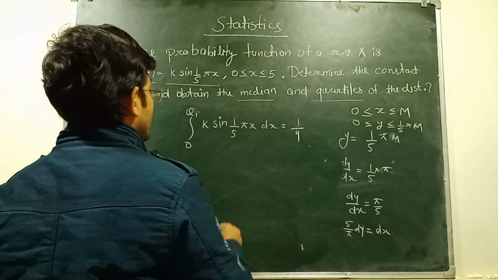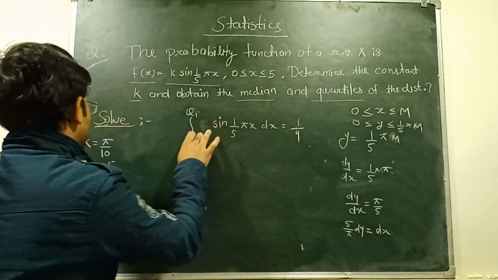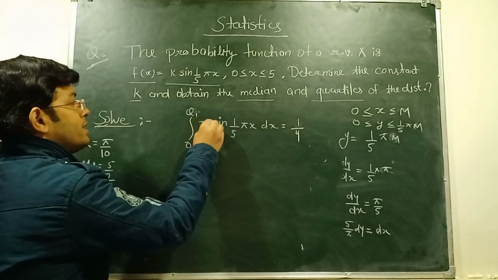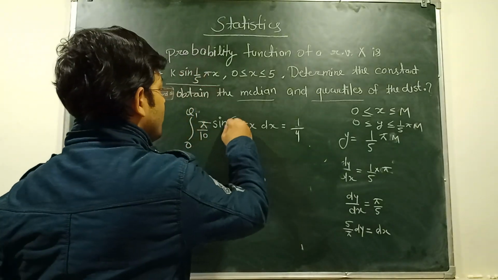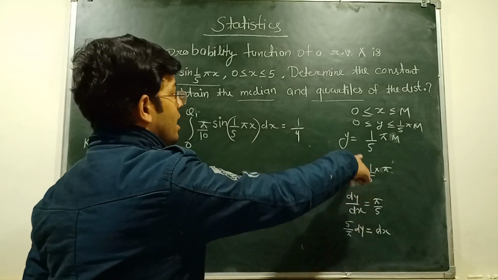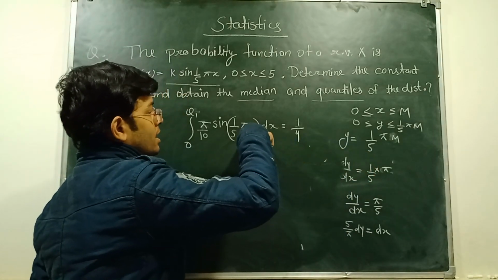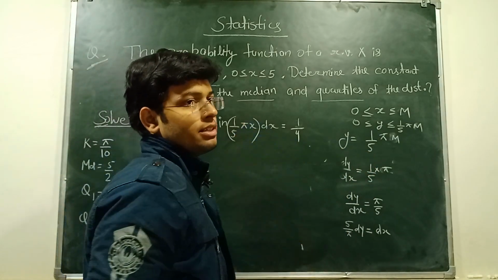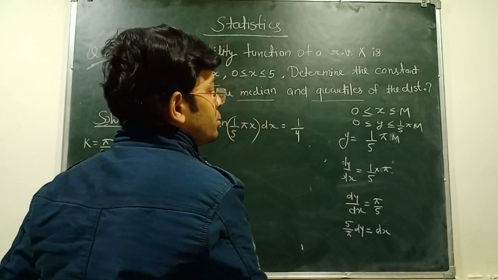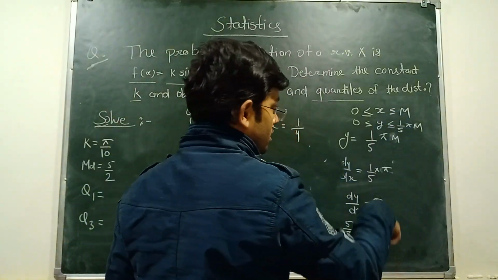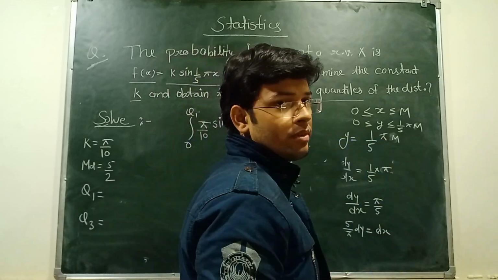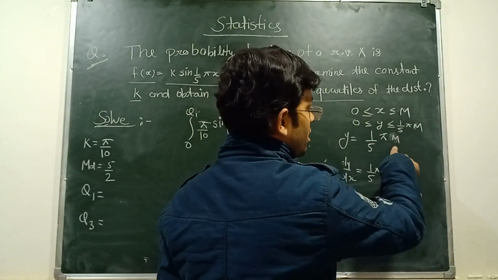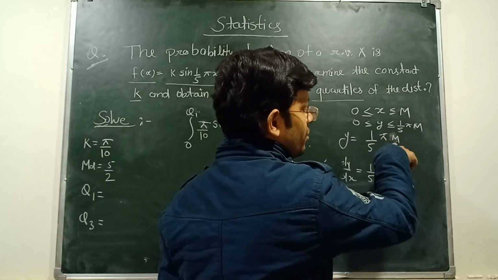Now the k value is also given, because k is equal to pi upon 10, so we write here pi upon 10, and we have to change these values into y, because x is not integrable in the sine. This is the same process, we have to change only this value.